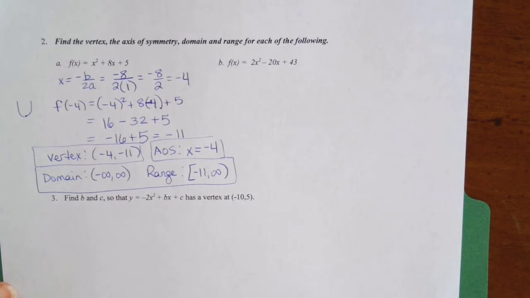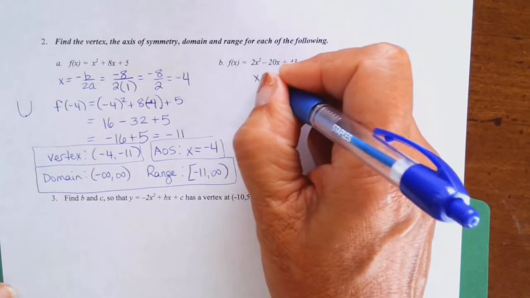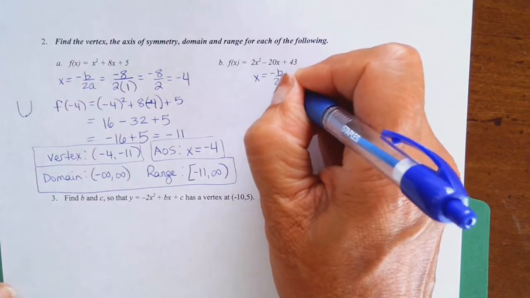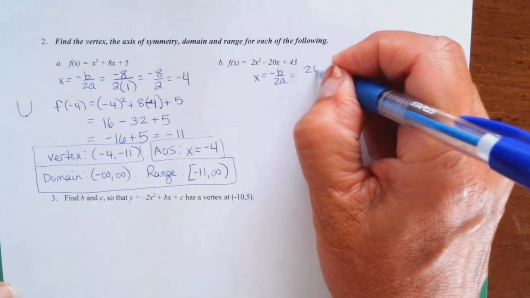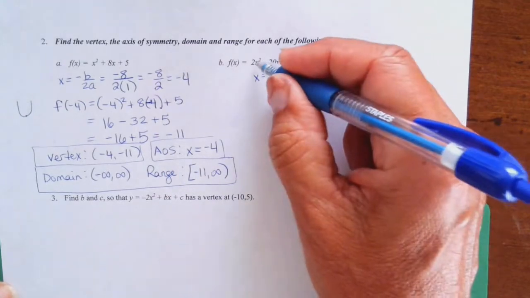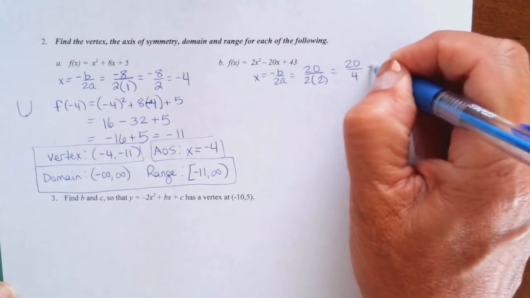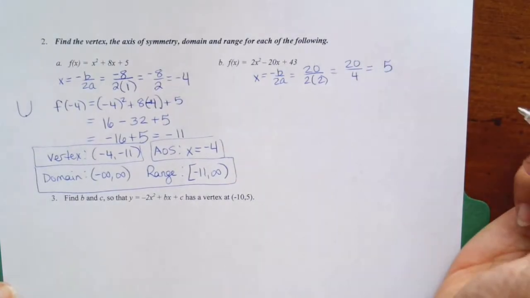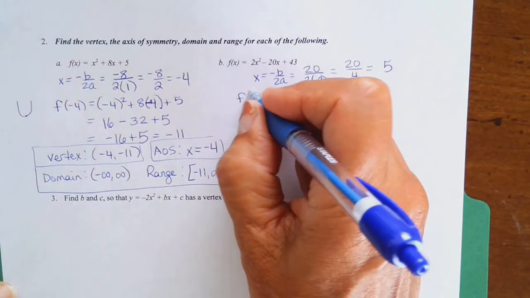Okay, same thing for part B. We're going to find the vertex first. So we always start by doing -b over 2a to find the x value. So -b in this case would be a +20 over 2 times a, which is 2. So that is 20 over 4, which will give you 5. Take 5, plug it into the function to find y.